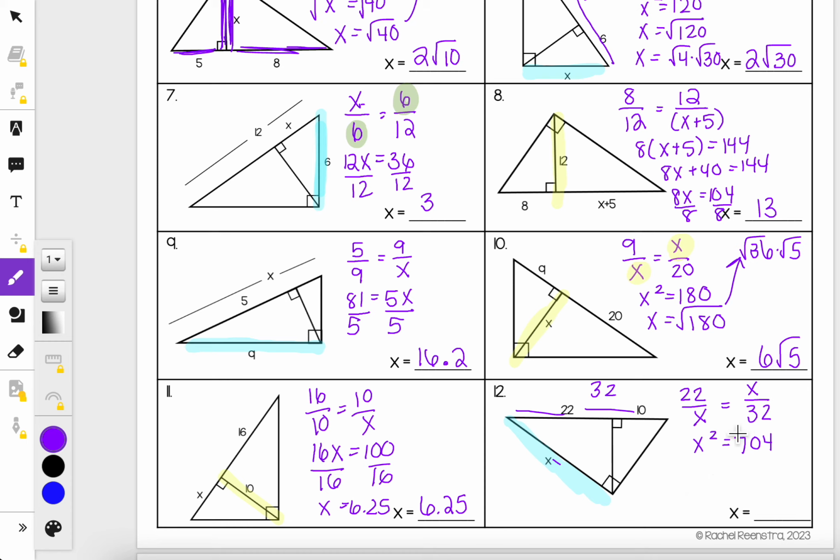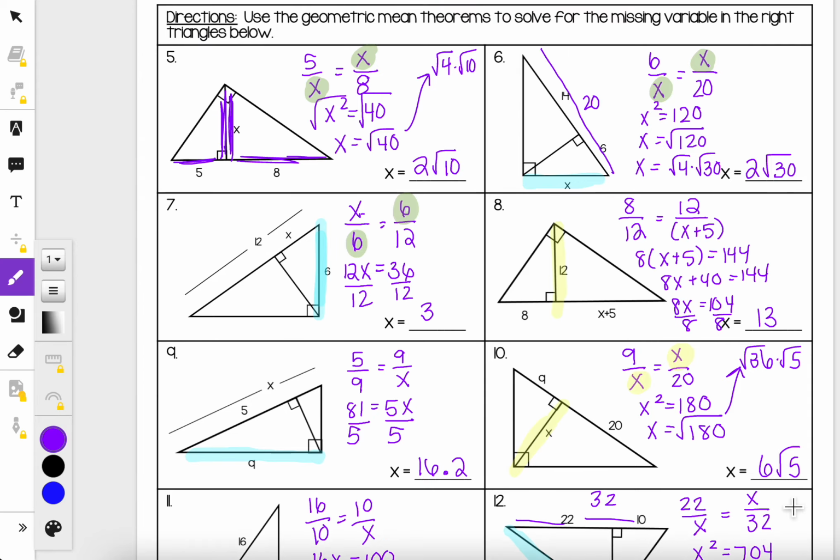This is a bigger number we want to find a perfect square for. So x equals the square root of 704, and 64 is one of my factors of 704. So I can write this as the square root of 64 times 11, and x equals 8 times the square root of 11.